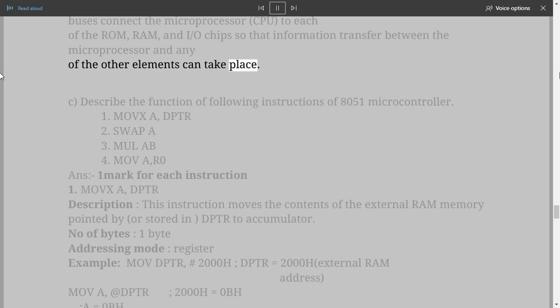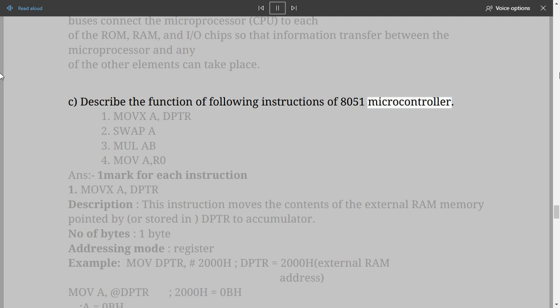C. Describe the function of following instructions of 8051 microcontroller. 1. MOVX A, @DPTR 2. SWAP A 3. MUL AB 4. MOV A, R0. ANS: 1 mark for each instruction. 1. MOVX A, @DPTR.